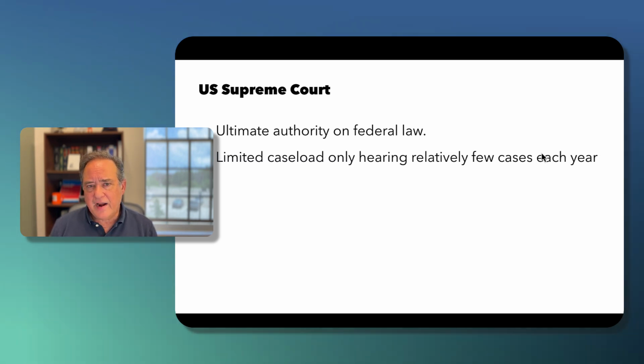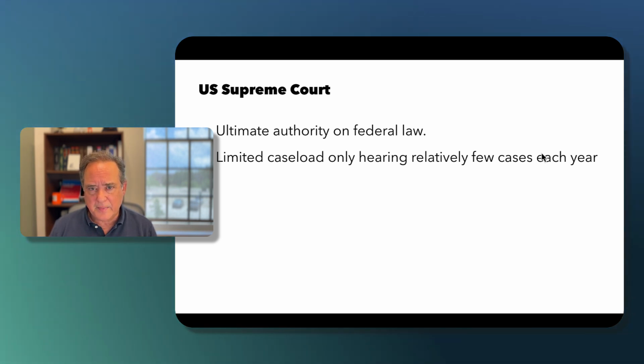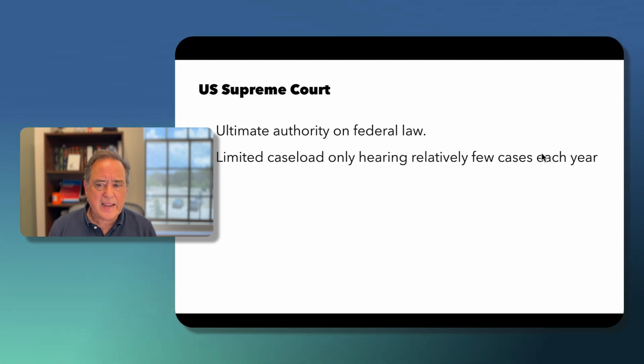Now, they have a very limited caseload, meaning they only hear a small percentage of cases that are appealed every year. Now, the intermediate courts of appeal must hear every case. They must hear every case. However, the Supreme Court does not have to hear every case that is appealed. And it is the same for most state Supreme Courts.